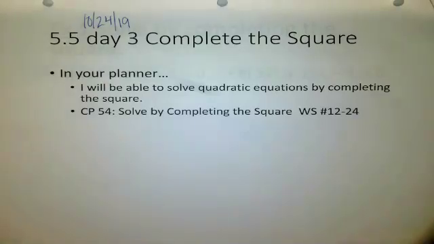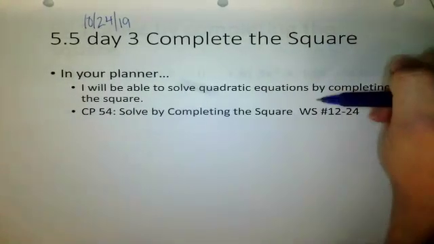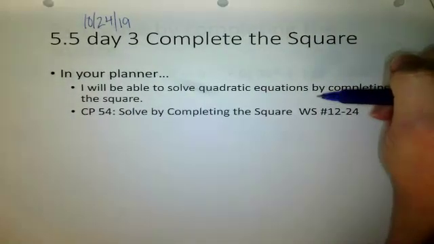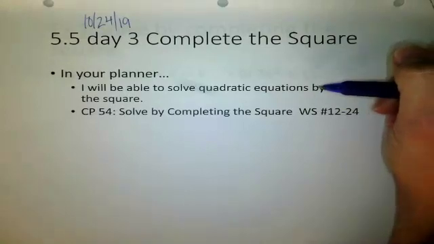All right. So completing the square works all the time, to solve for x or b or whatever variable you've got. But today we have one more step that we had to add on.